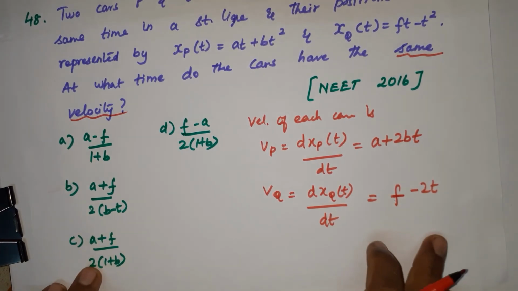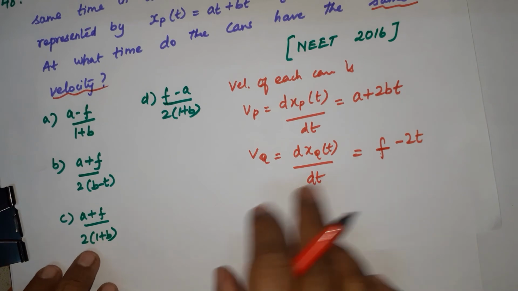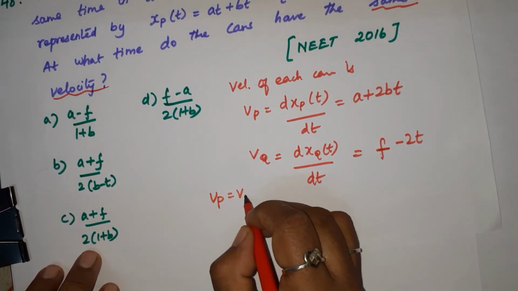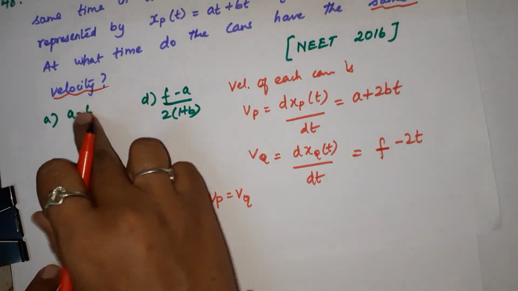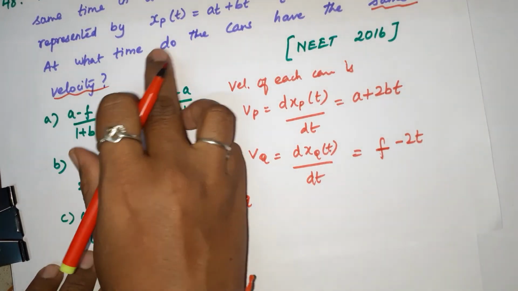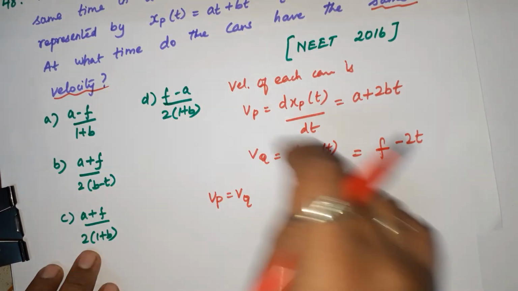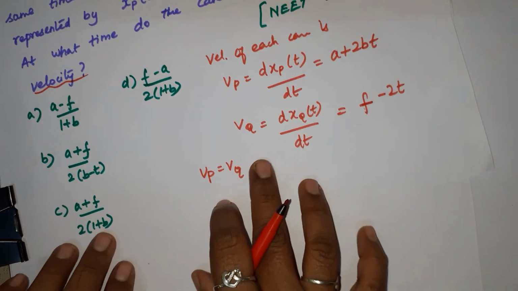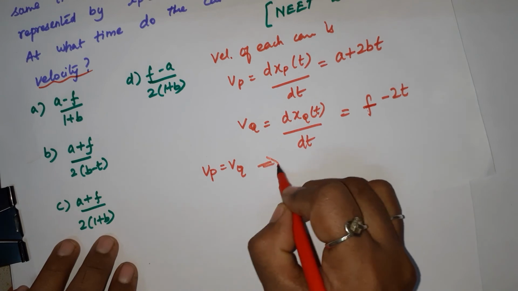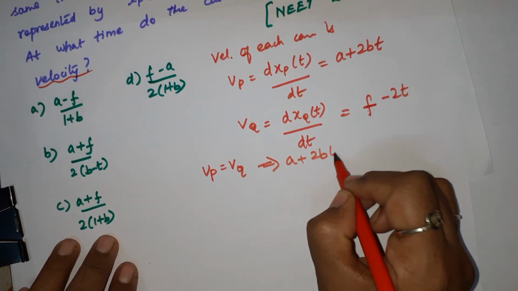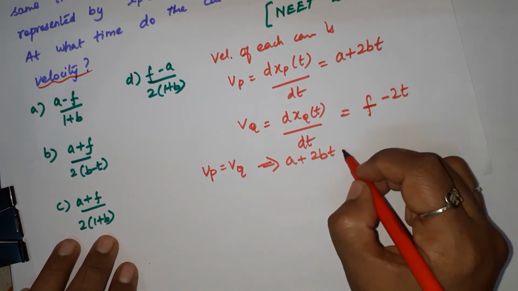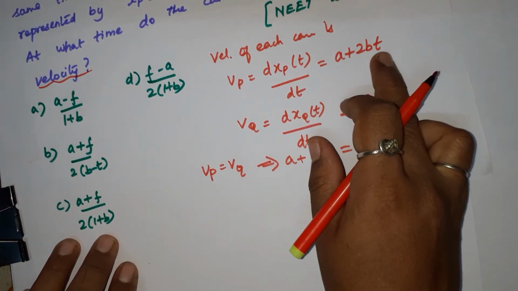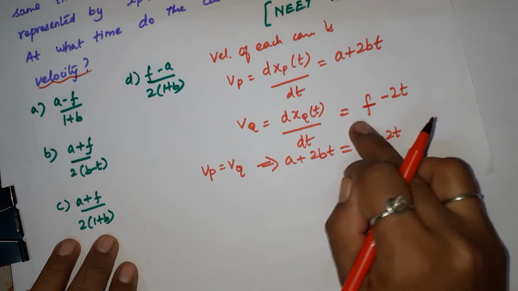At what time do the cars have the same velocity? We take vp equal to vq, so a plus 2bt equals f minus 2t.